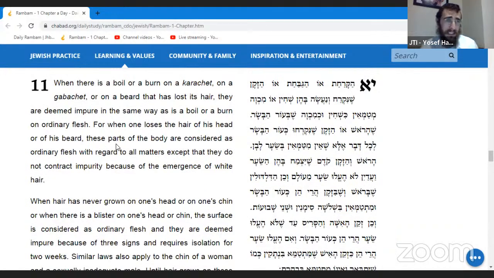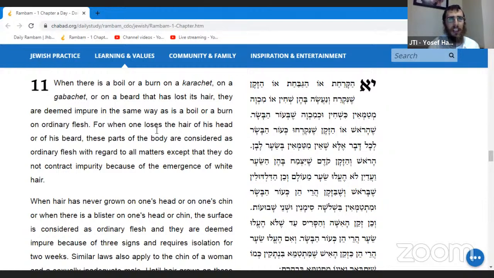Now, what happens if there's a burn or a boil on a karachas, on the back half of his bald head, or on a gibachas, on the front half, or on a beard that has lost its hair? They are deemed impure in the same way as a boil or burn on ordinary flesh. So whether a boil or burn appears in a bald spot that usually grows hair or anywhere else, it's the same.